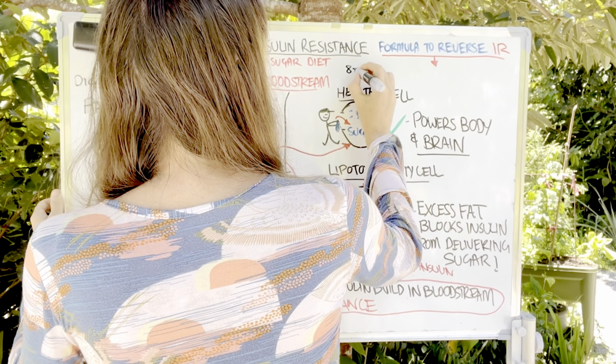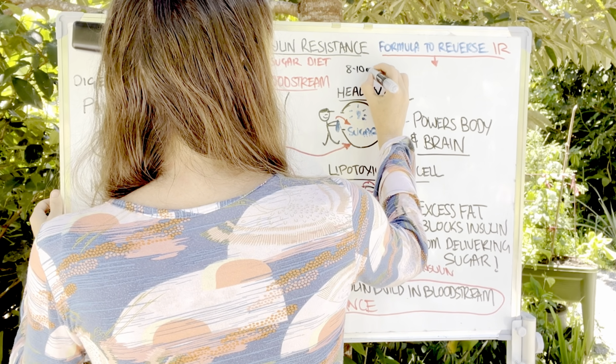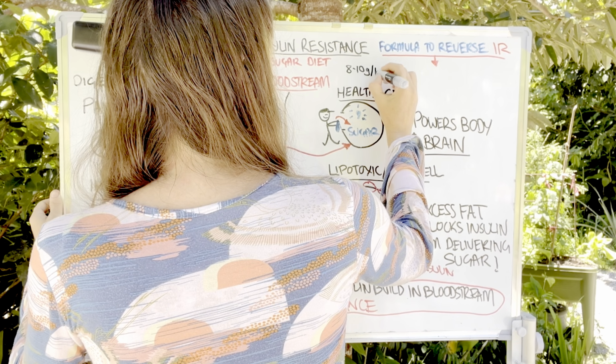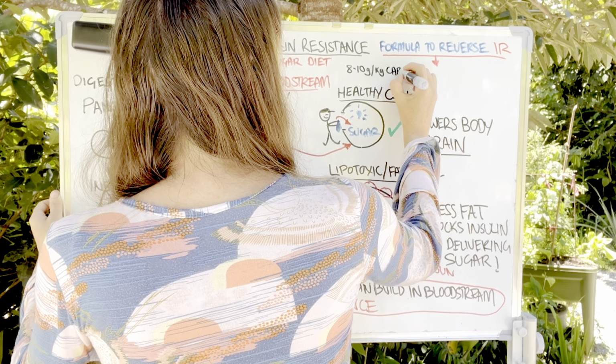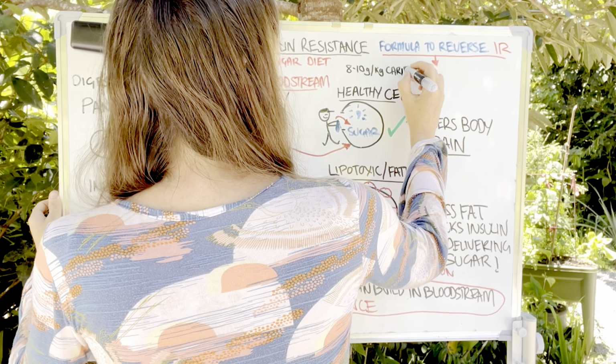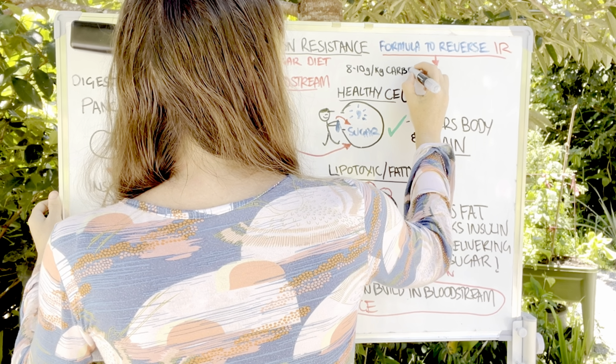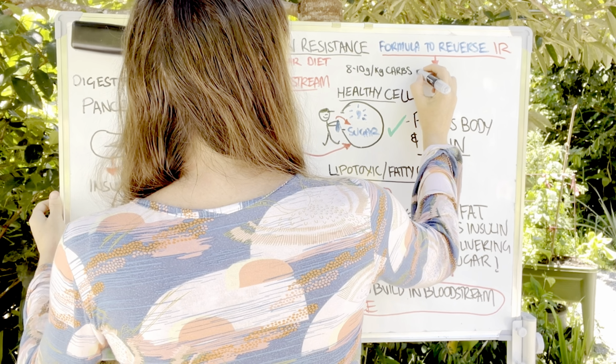So you want to eat 8 to 10 grams per kilo of body weight carbs, 8 to 10 grams of carbs per kilo of body weight.